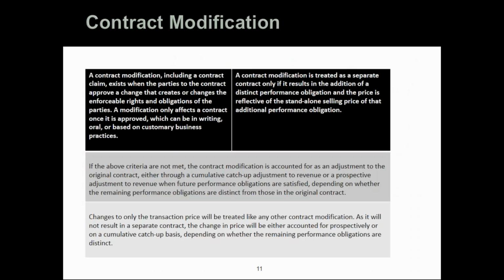An area where there can be considerable complexity, and where you'll want to spend some time thinking about your normal business practices and the implications in this new revenue recognition model, if they exist, is when it comes to contract modification. And the key issues with a contract modification are, is it in fact a modification of existing promises that are embedded in the existing contract?